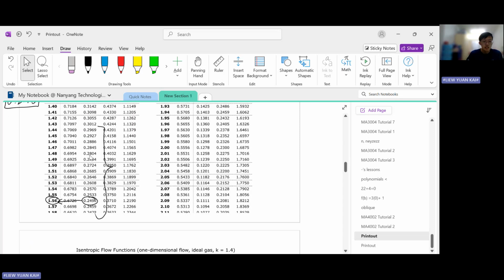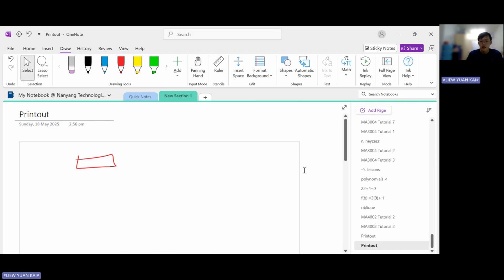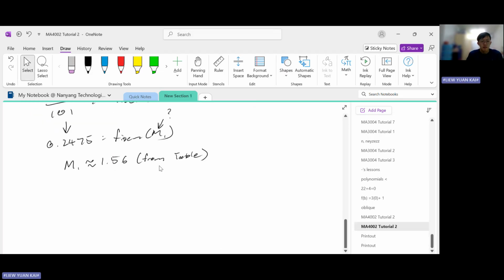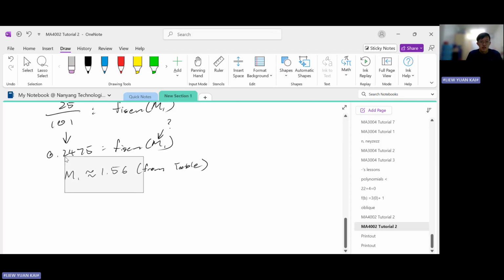In our case, we found it to be 0.2496. This is already the closest we can get. From there, you look at the corresponding Mach number, which we found is 1.56. Therefore, we conclude that the Mach number at point 1 is about 1.56. This is just an estimate because there is a lot of rounding off. So this is how you estimate the Mach number using the tables.